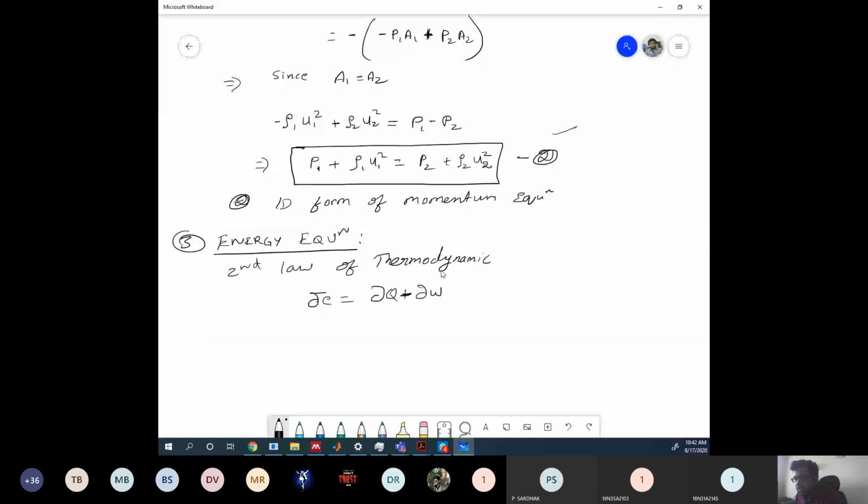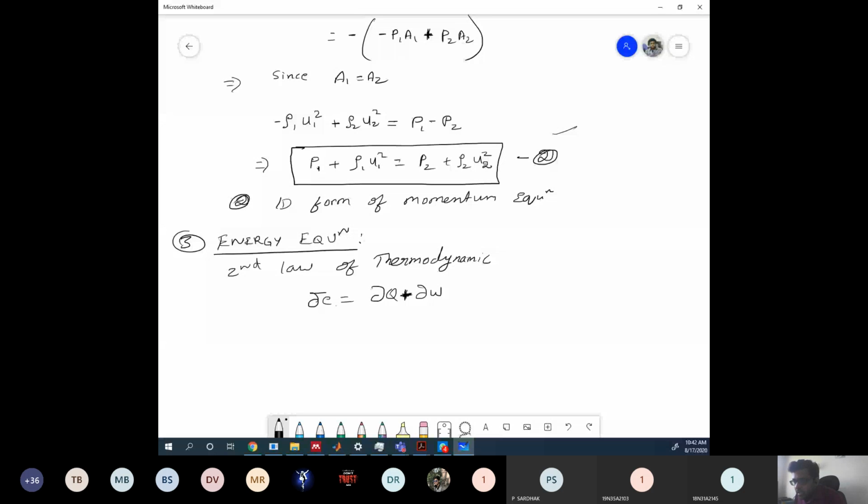That is the law: delta E is equal to delta Q plus delta W. Whenever there is some work done on the system, there will be some heat added or removed from the system, and at the same time you will have some internal energy change.